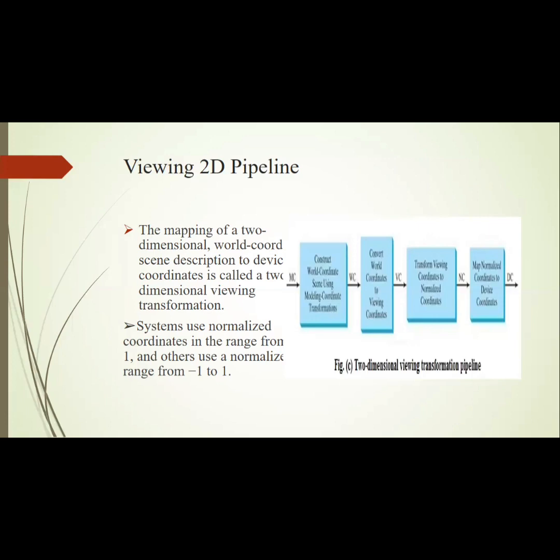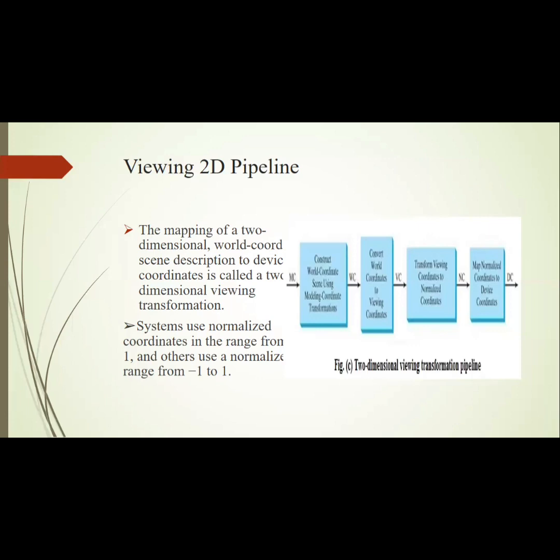Usually, we can describe the steps as seen in the figure. Once a world coordinate scene has been constructed, we can set up a separate two-dimensional viewing coordinate reference frame for the clipping window. To make the viewing process independent of the requirements of any output device, graphics systems convert object descriptions to normalized coordinates and apply the clipping routine.